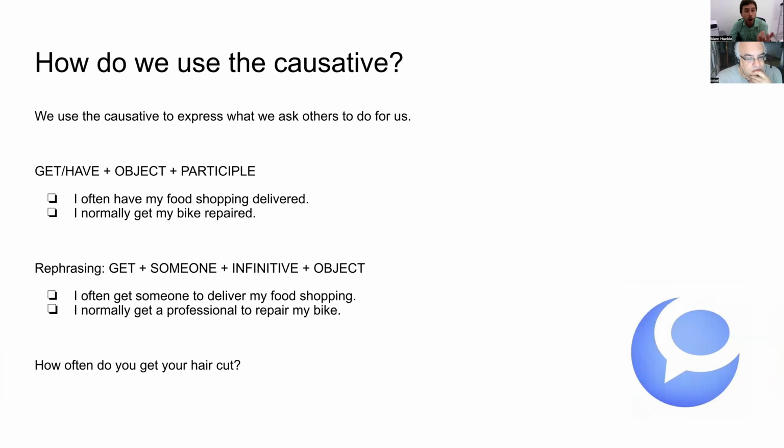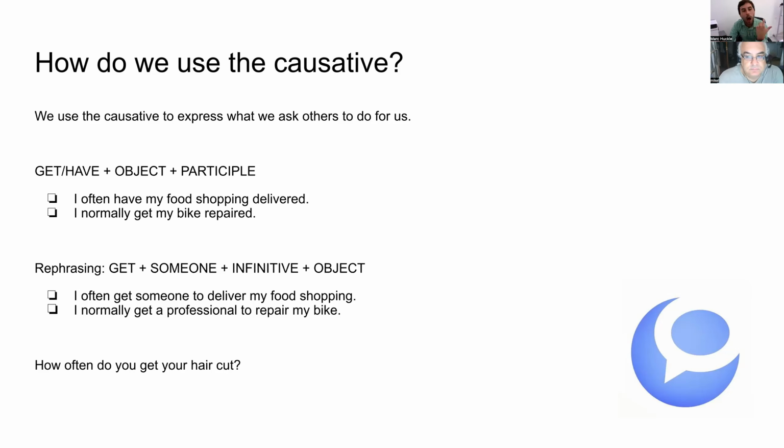Now, I want to pay someone to do something for me, I will use the causative. For example, I often have my food shopping delivered, meaning I pay the supermarket to deliver my food. I do not take the food. I pay, they send the food.